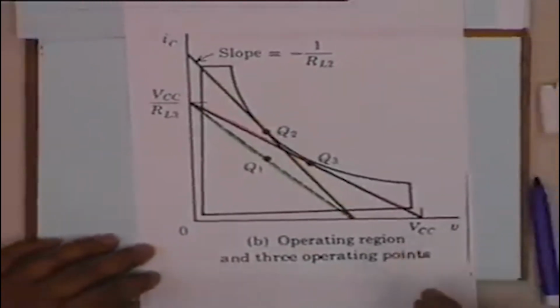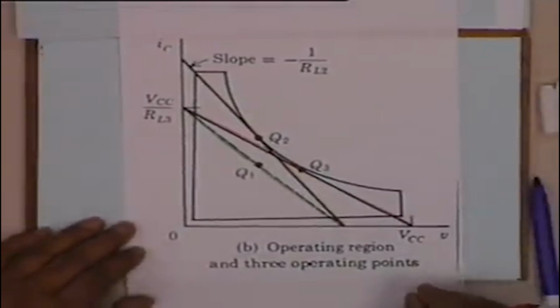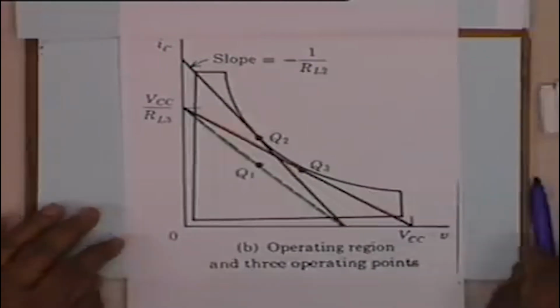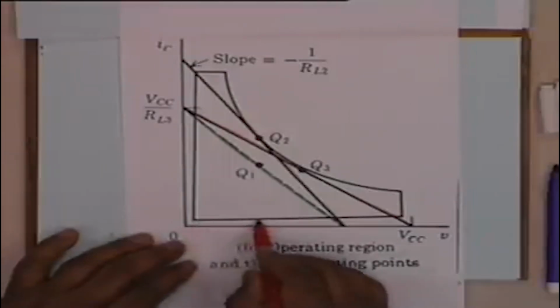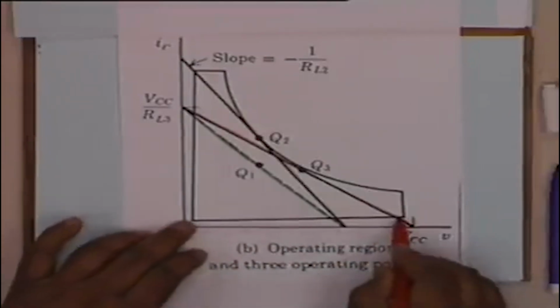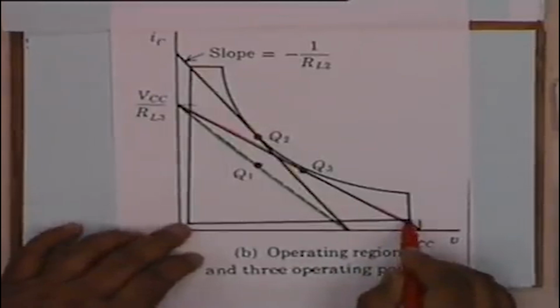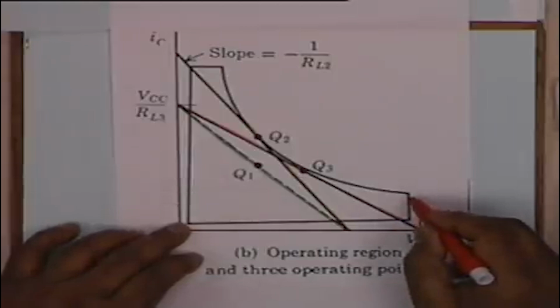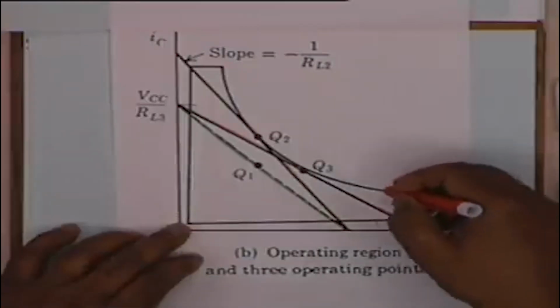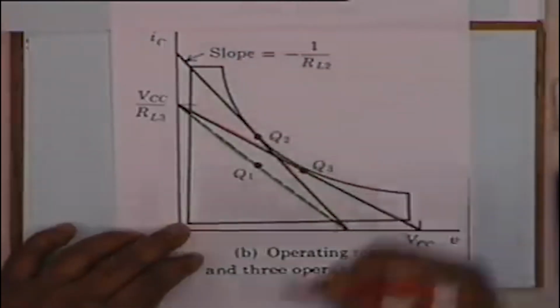Is this okay? You see, our boundary is this. Who sets this? IB equal to 0. Who sets this maximum VCE? Who sets this hyperbola? Power dissipation.